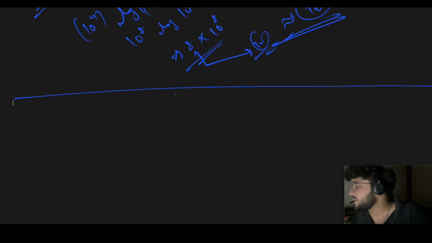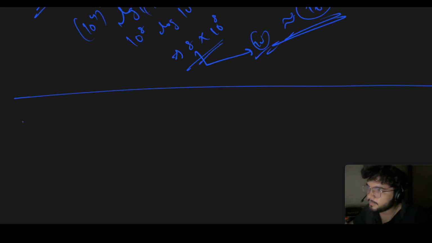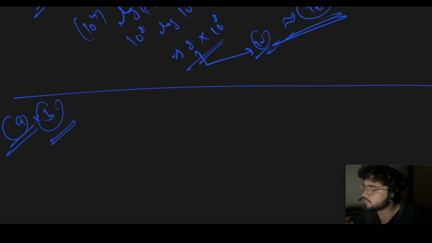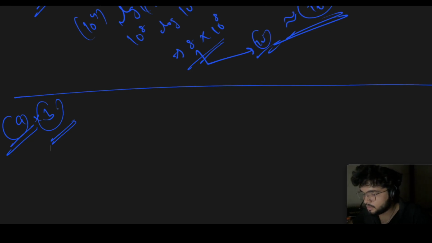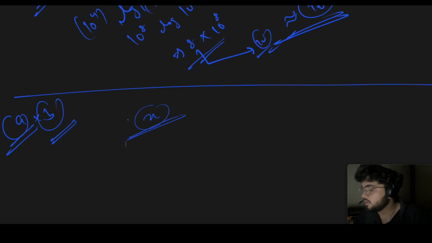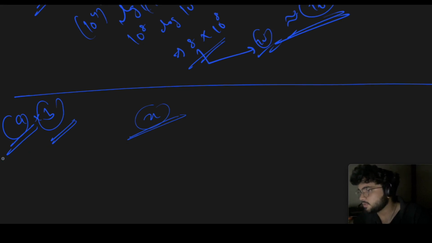See, we need to find the kth smallest product, right? And product will be a into b. A is some number from nums1 and b is some number from nums2. Okay, if we break this problem down into smaller subparts, let's say we have a number x. We want to find how many products less than x are possible using this combination.